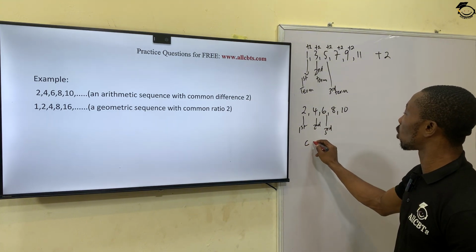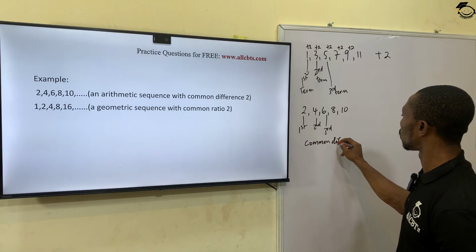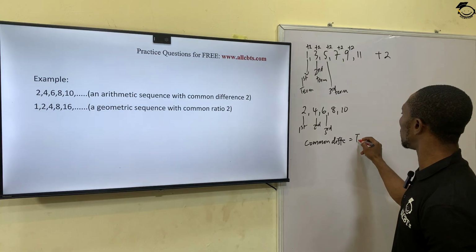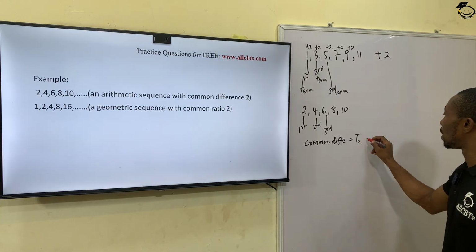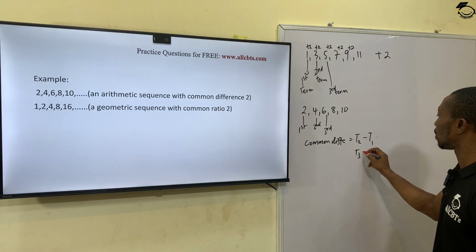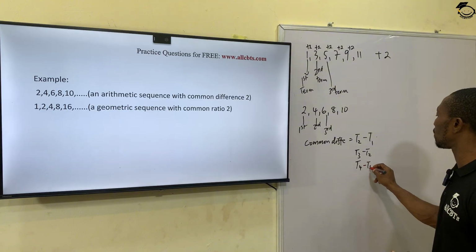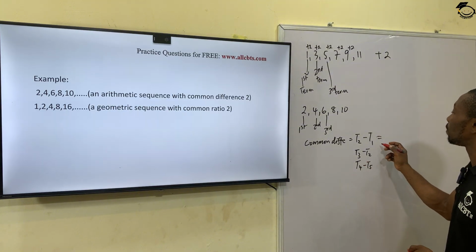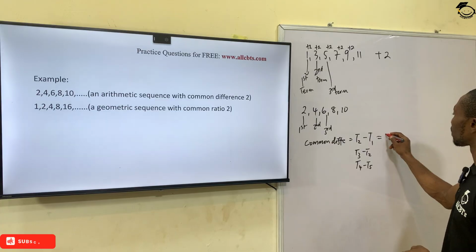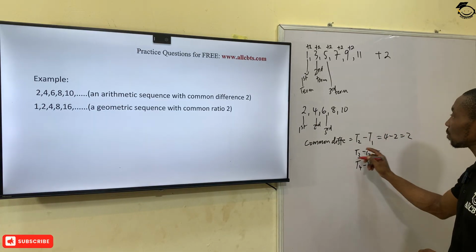So for us to find our common difference, we are having it as T2, which is the second term, minus the first term, T1, or T3 minus T2, or T4 minus T3. So whichever way, T2 is 4, minus 2 would give us 2.